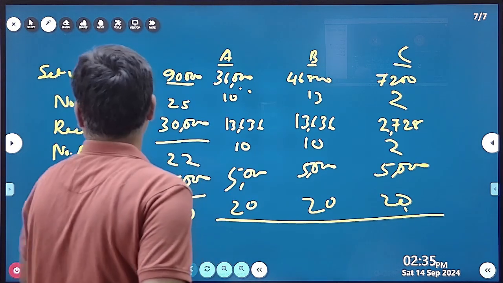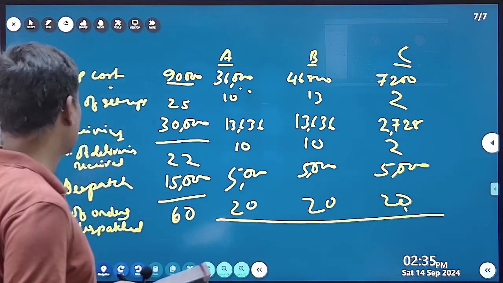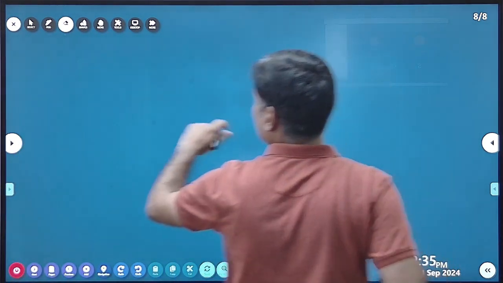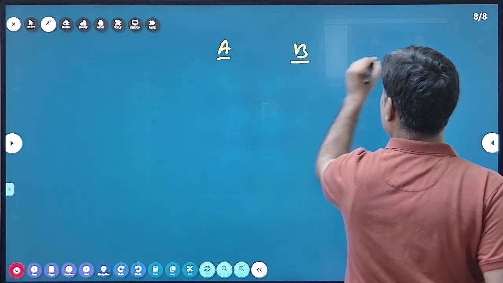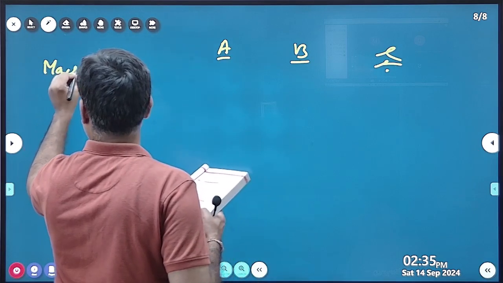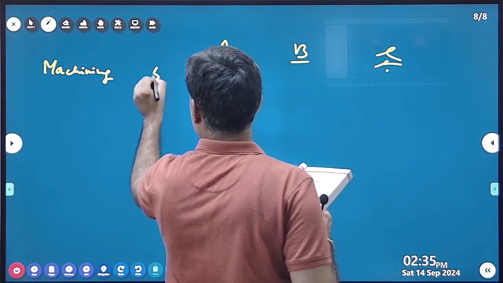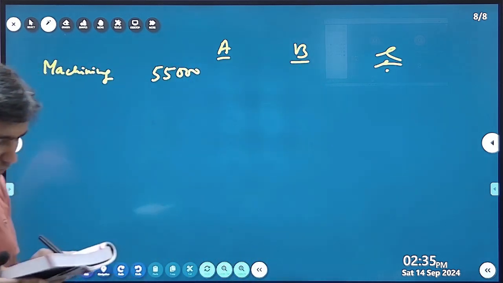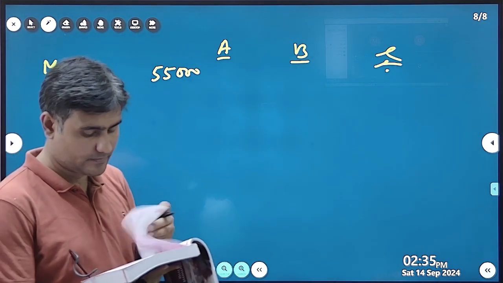One more is there, sorry. Okay, now machining is there. We will prepare machining here for A, B, C. What is the cost for machining? 55,000. So what will be the cost driver for machining?